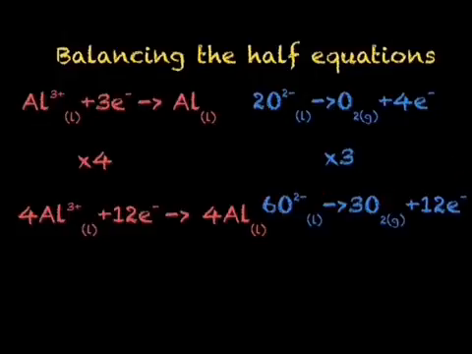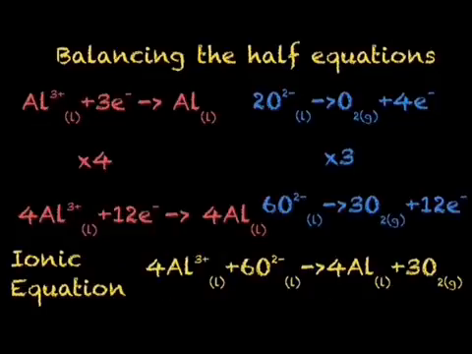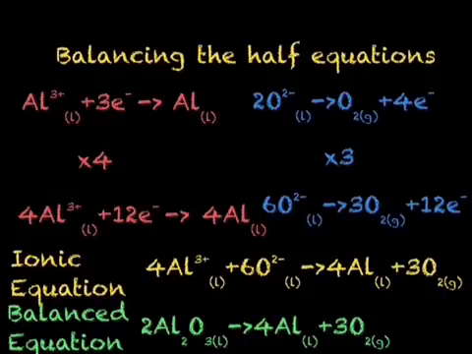We can then write a full balanced equation as we can cancel out the electrons, giving us the final equation: 4Al3+ plus 6O2- goes to 4Al plus 3O2. We can then combine this with our original formula of Al2O3 to give us the overall equation. With our overall balanced equation for the electrolysis of aluminium from aluminium oxide being 2Al2O3 goes to 4Al plus 3O2.